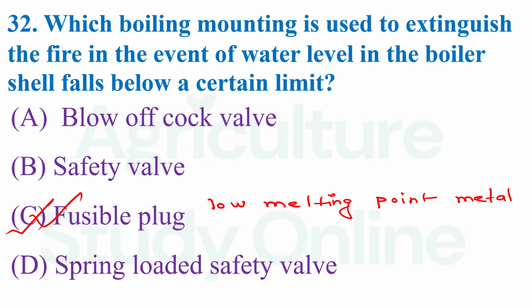Blow off cock valve is used to remove sludge or sediments. Safety valve releases the excess pressure.